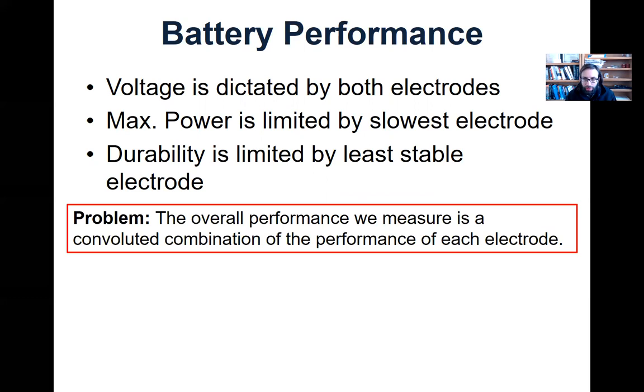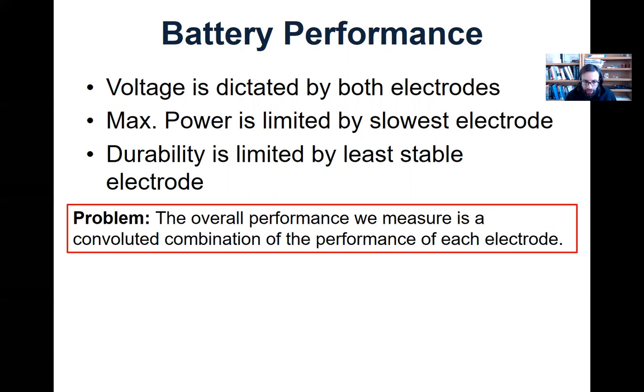This is a big problem that electrochemists have figured out how to optimize for, because the overall performance of any electrochemical device, batteries or otherwise, that we measure is a convoluted combination of the performance of each electrode. And this is really key, okay?